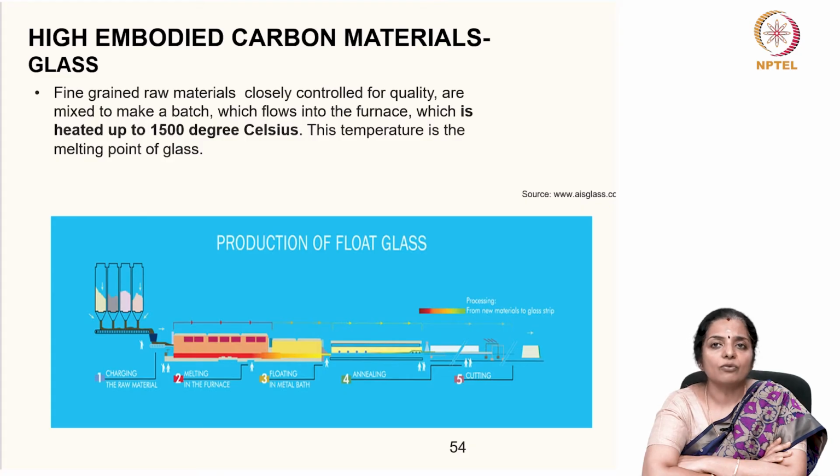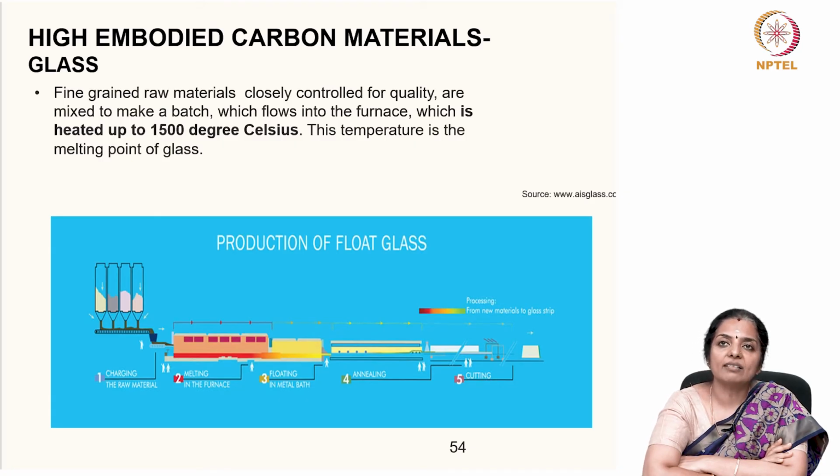As seen from this picture, the first step of converting raw material into molten glass requires the highest amount of energy. This can be reduced to some extent by adding broken glass called cullet to the mixture.